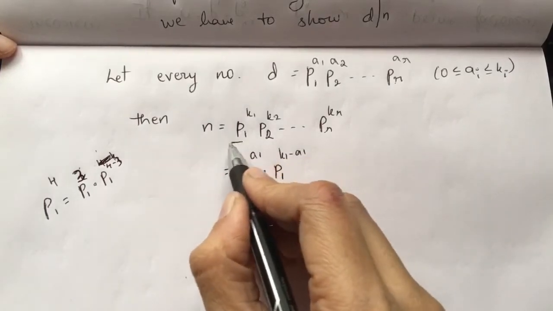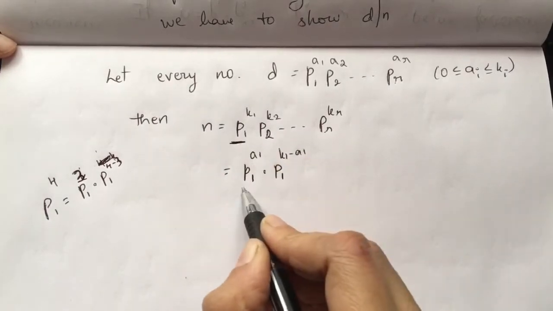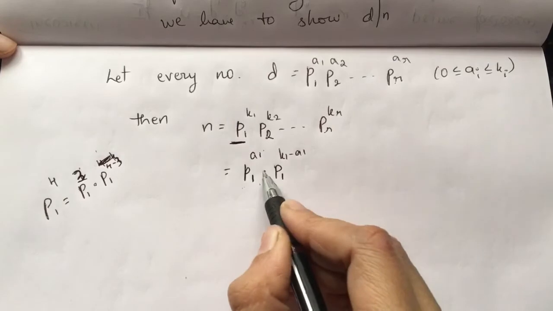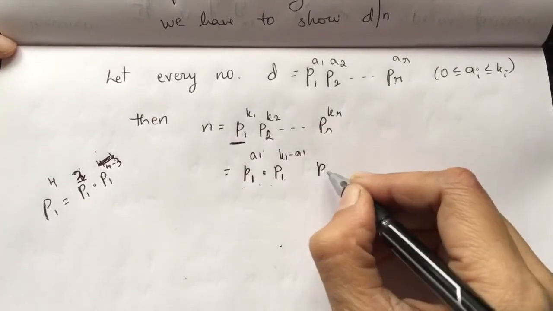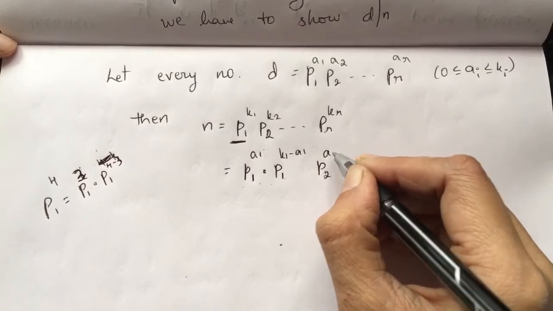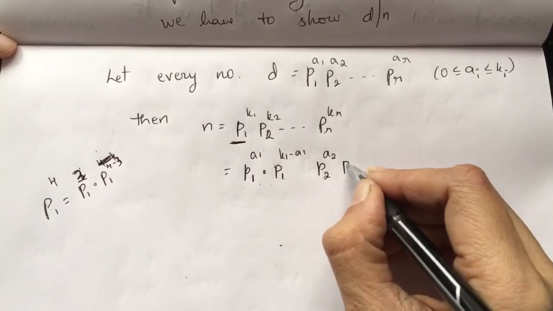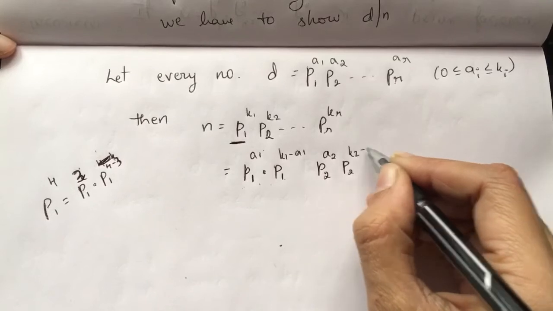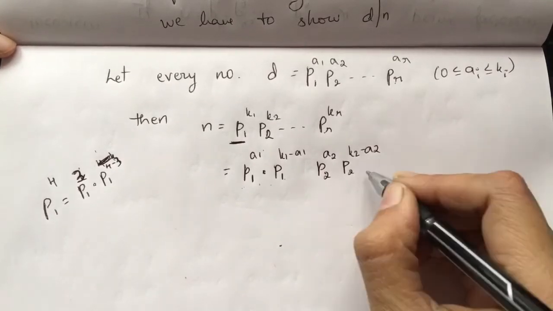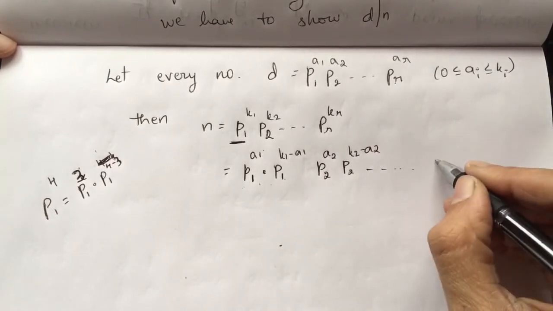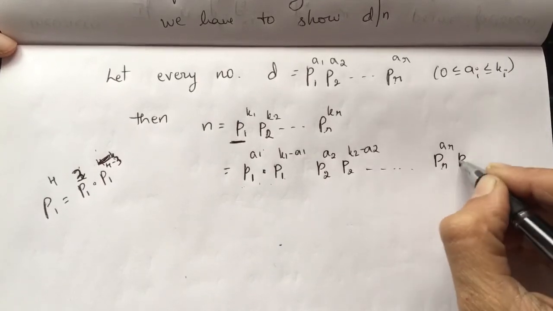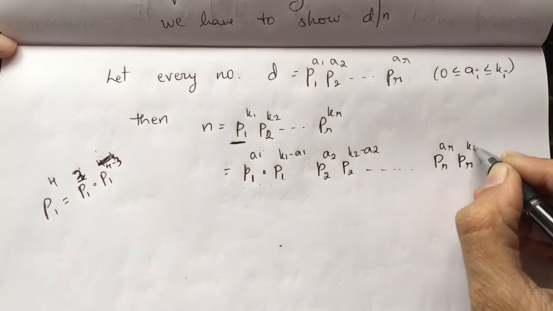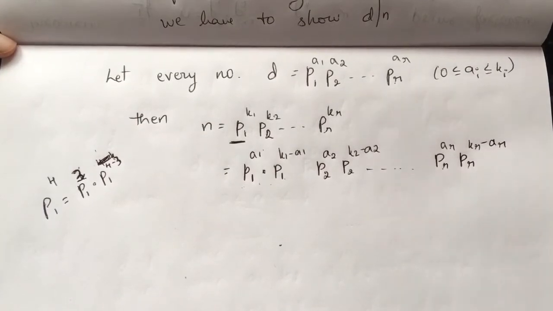This way, 4 minus 3, we can write it like this. Same way, I can write p1 as p1 power a1 into p1 power k1 minus a1. Similarly, p2 I am writing as p2 to the power a2 into p2 power k2 minus a2. Like that, I am writing every term pr power ar into pr power kr minus ar.